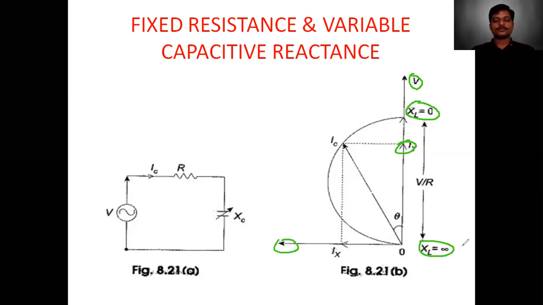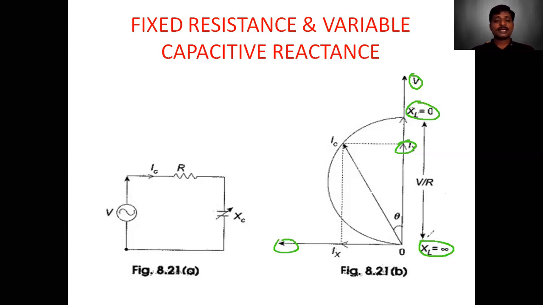The unit of inductive reactance is ohms and the unit of inductance is henry. So whenever a capacitance or an inductance is given, you have to change the units using these formulas to find the reactance.